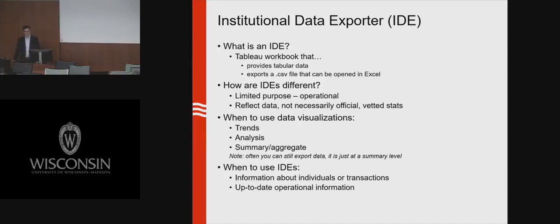Whenever you want to do anything with trends or analysis or strategic decision making, or you want anything summarized or aggregated, even at a fine level of detail, you want to use the data visualization. That's the reliable source for those purposes. But you should use an IDE when you need specific information about specific individuals, like students or faculty and staff if you're using HR data, or transactions if you're looking at finance or research.